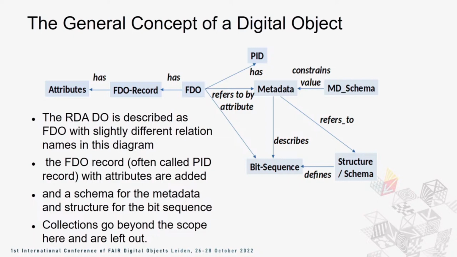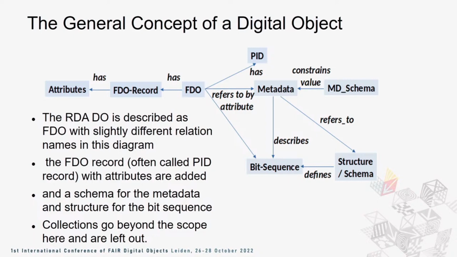And we say here, these arrows are references which are given by attributes. So behind the FDO, we think there is an FDO record, so some kind of recording of what the content of the FDO might be. And this record is described or is given by attributes.